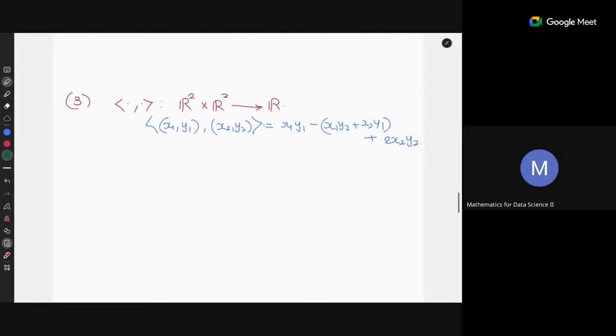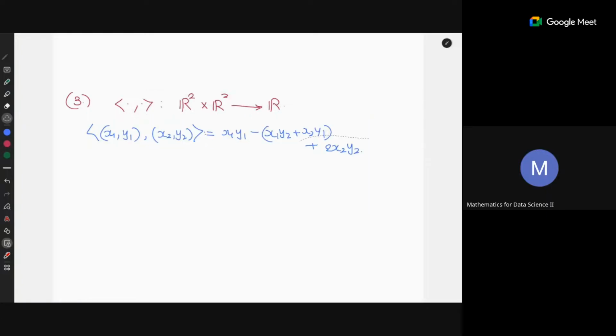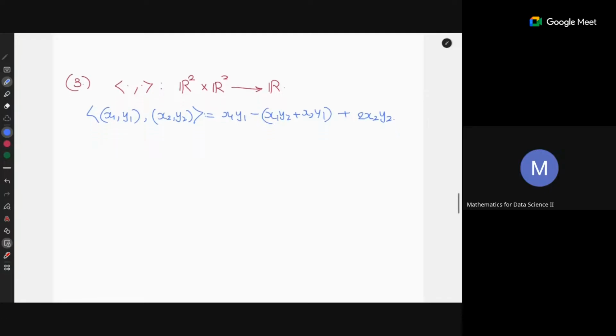All right. Now let's talk about an inner product which is not the same as the dot product. So let's take this example. The first property is to check that the inner product of v with itself is greater than or equal to 0.